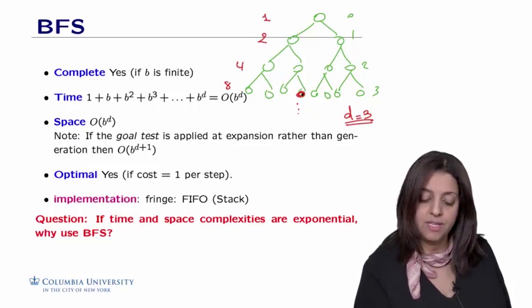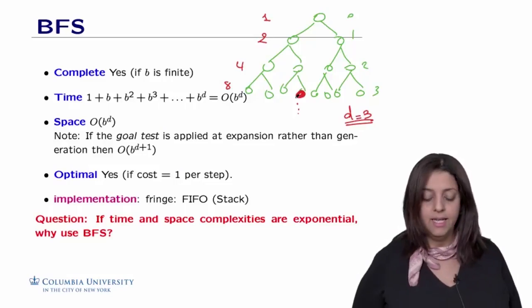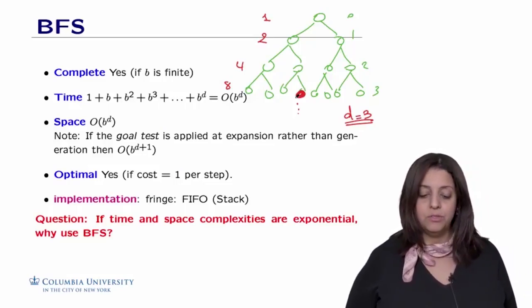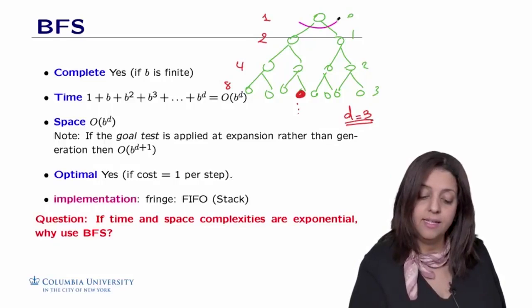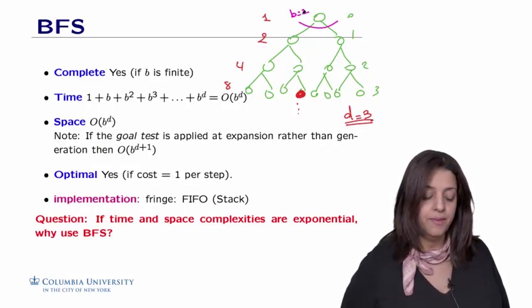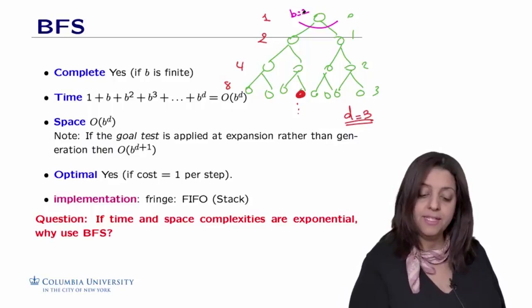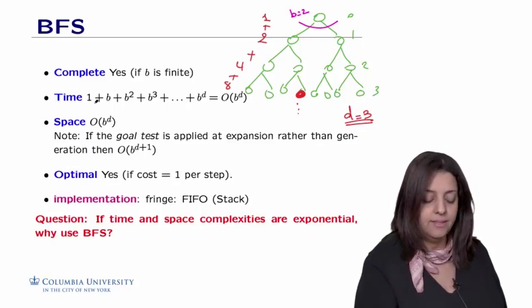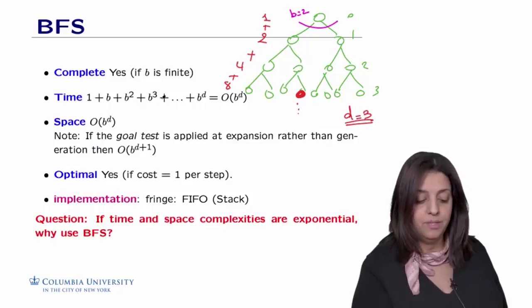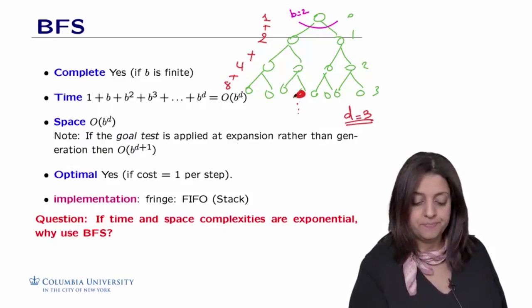Let's suppose that this is the solution. The branching factor here is b, and it's equal to 2. So if we do the math, it's going to be 1 plus 2 plus 4 plus 8. This is going to be the time complexity: the number of nodes being expanded is 1 plus b plus b squared plus b cubed, up to b to the d, where d is the depth of the solution.